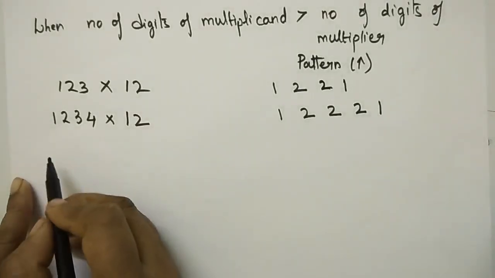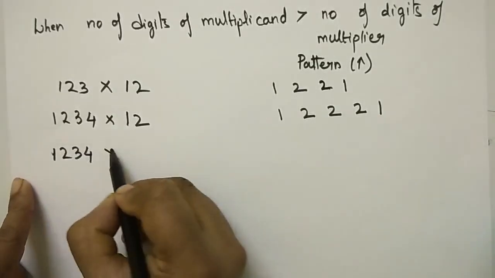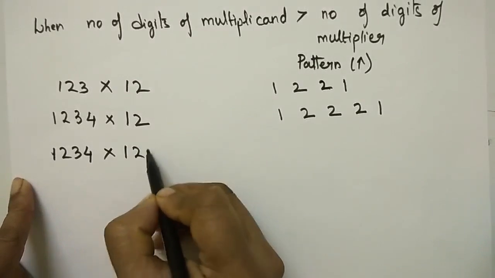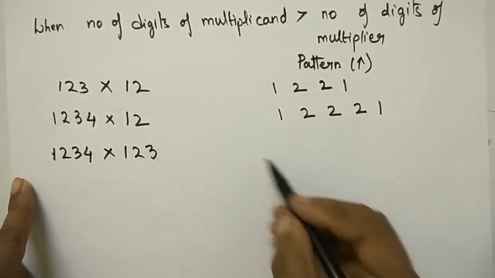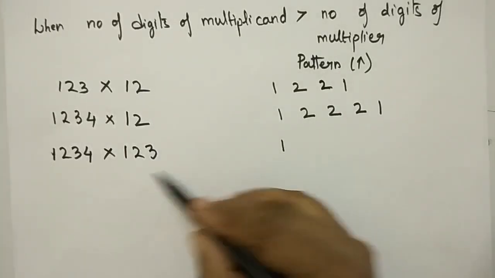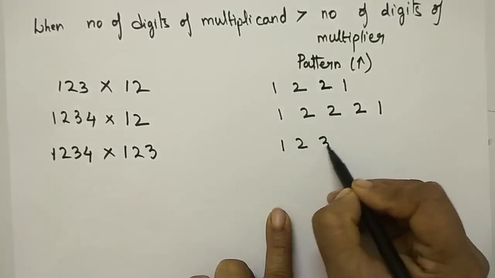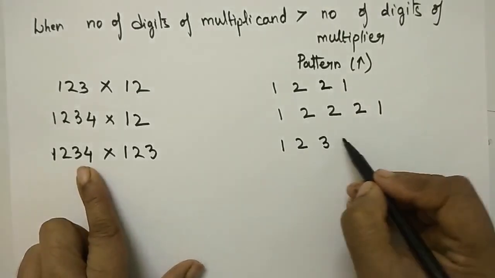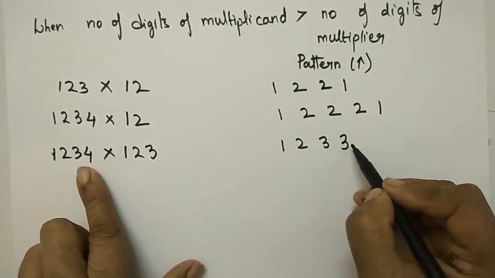If the multiplicand is of 4 digits and the multiplier is of 3, then write down here, start. Here 3 digits, right? Write up to 3: 1, 2, 3. Multiplicand is of 4, so in place of 4 write down 3. Okay?